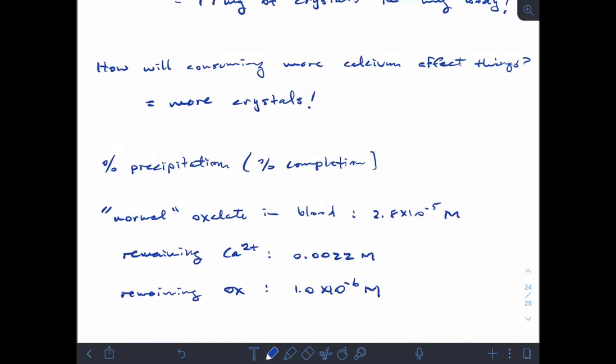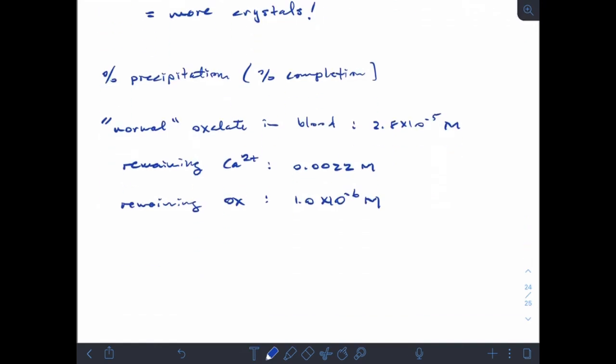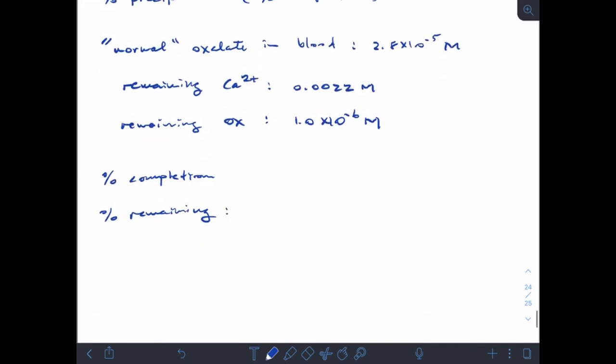Right, so what we want to do is take what's remaining and divide it by the original concentration. Or again, percent remaining. I think percent remaining is often an easier way to think about it, because we actually take what's left over. And let's think about it in terms of, this is our equilibrium concentration.